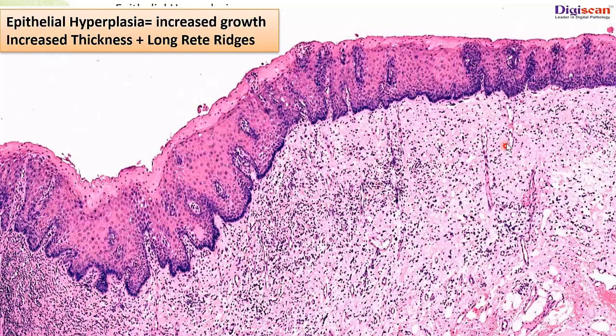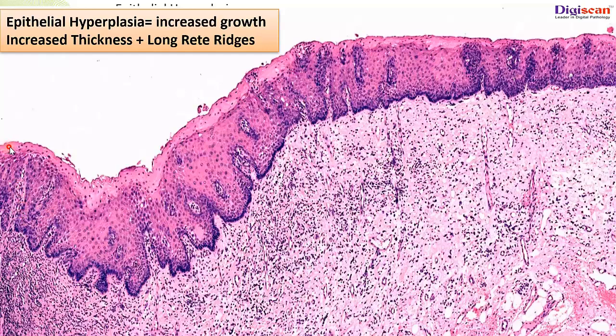Here we see that the thickness of the epithelium is gradually increasing as we move this side. The rete ridges are becoming more prominent and elongated. Some of them are rounded here and some are becoming tear shaped, and everything has a significance as we will be going through. This is called epithelial hyperplasia.